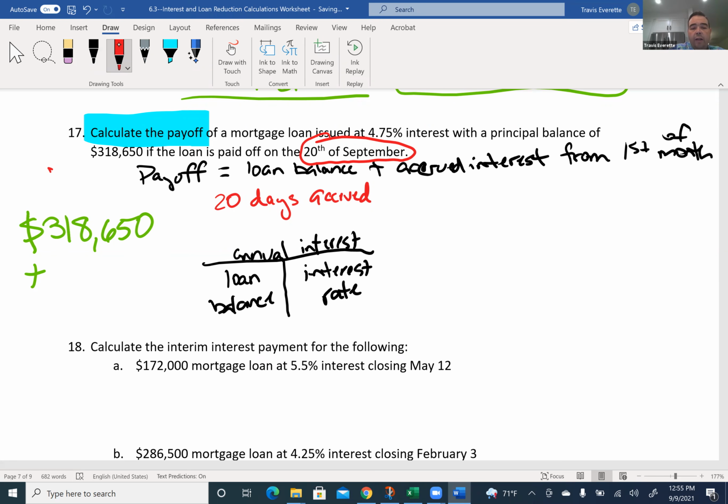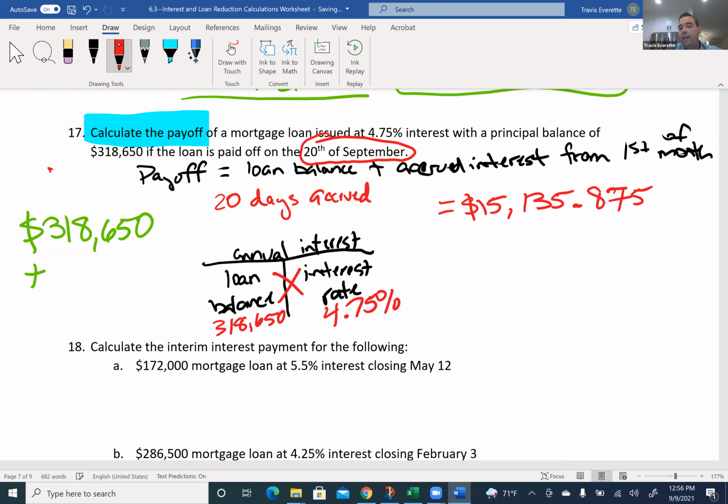They gave us a loan balance of $318,650, and they gave us an interest rate of 4.75%. Those are side by side, so we know we're going to multiply them. $318,650 times 4.75% gives me annual interest of $15,135 and about 88 cents, 875.